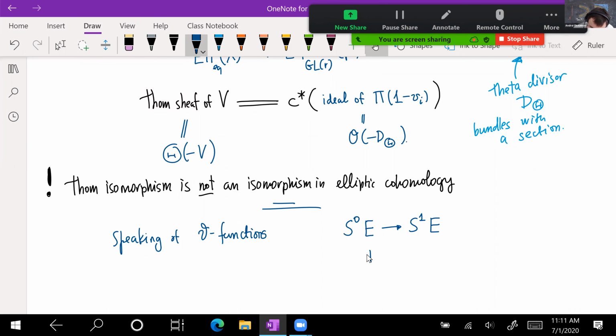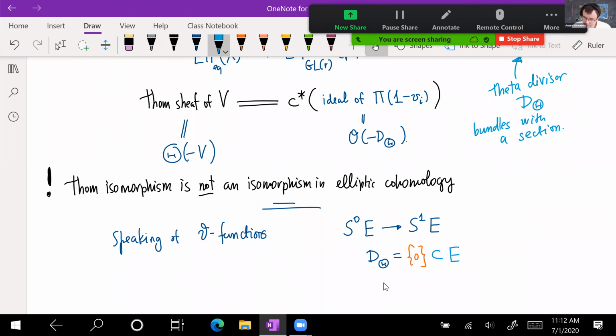So this divisor d theta is just the divisor 0, the origin, just 0 inside of the elliptic curve. And that divisor has one section by Riemann-Roch.